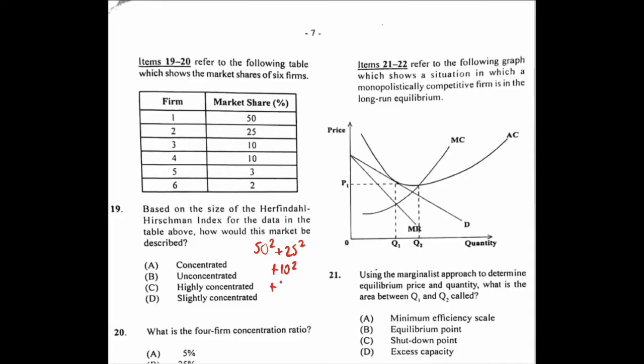So when you're calculating HHI, you have to essentially add up all the squared market shares, and then you interpret that figure. So after doing all of this, you end up with 3,338, which would be highly concentrated because it's greater than 1,800. So that answer would be C.